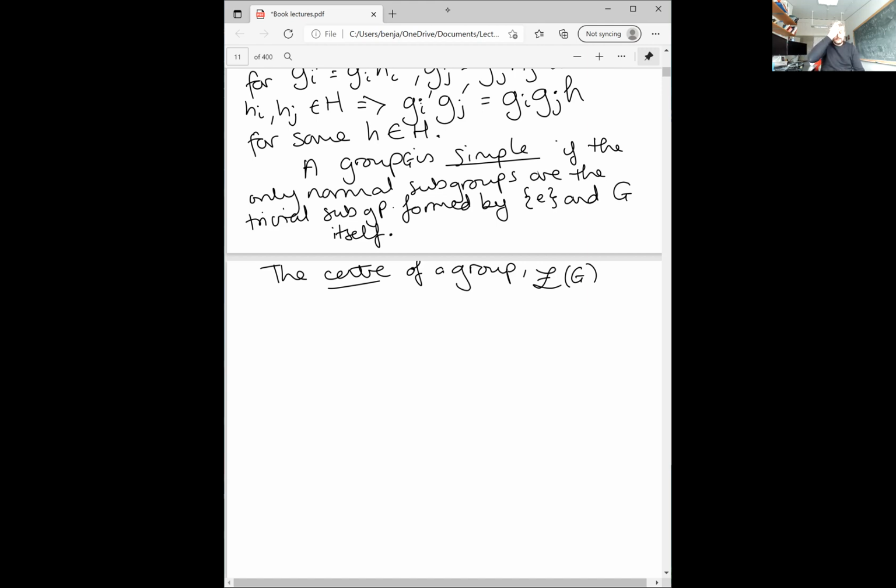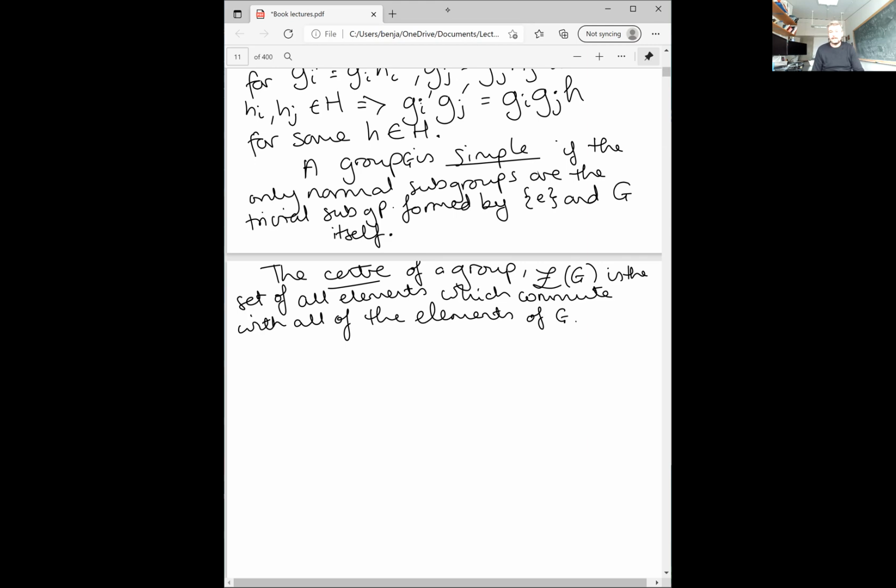This is the set of all elements which commute with all elements of G. It's an abelian normal subgroup. You can check those properties for yourselves if you like.